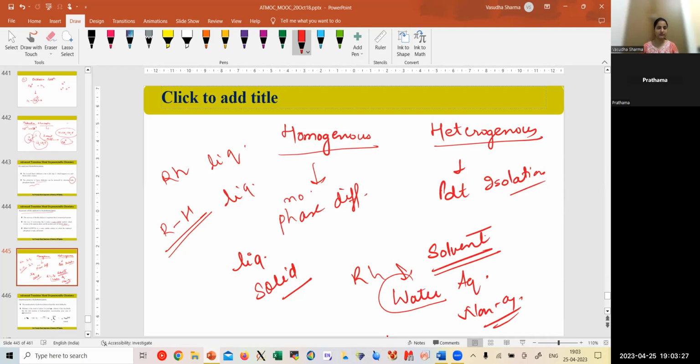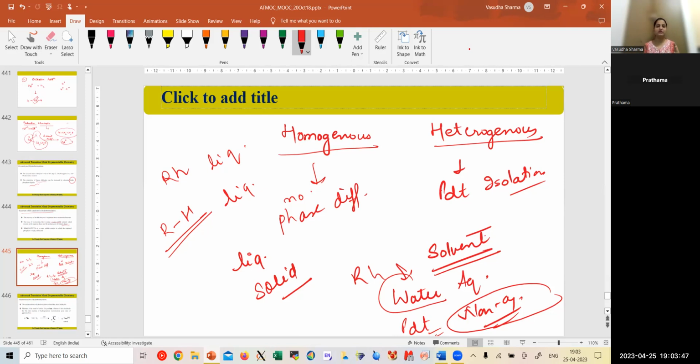Hydrocarbons are not water soluble, they are non-polar. So the hydrocarbon products will come in the non-aqueous medium. When aqueous and non-aqueous media are together, they form layer separation, and you can easily separate it out by distillation or something like that. That becomes even more feasible. So this is the way we can do it with the homogeneous system.